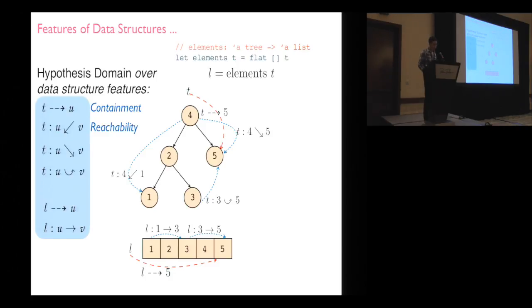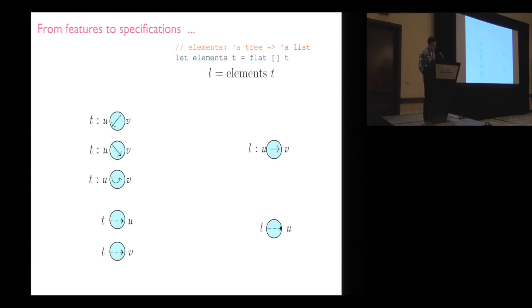Containment and reachability features define the hypothesis reachability specification functions. And in any function from this hypothesis, the variable U is quantified.